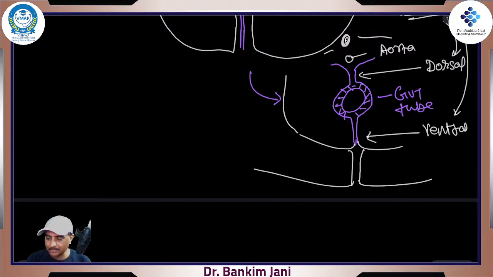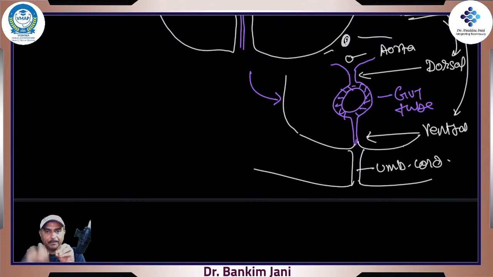So this is the whole formation. I wanted to emphasize only one thing: it is the gut tube which gets isolated, so that there is dorsal mesentery and ventral mesentery. There is one layer in front, one layer in back, and this will be the future peritoneum, and when they rotate they will form all the layers.